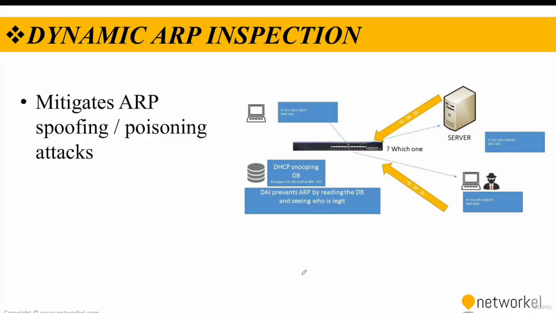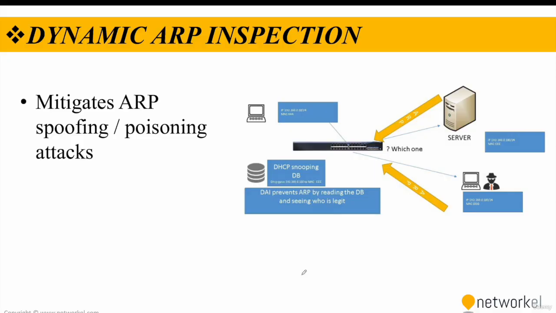Dynamic ARP inspection helps protect against such attacks by validating the ARP requests and responses based on a trusted database of IP to MAC address mappings. Again, it relies on DHCP snooping to build this database, or it can also use static ARP entries if configured manually.